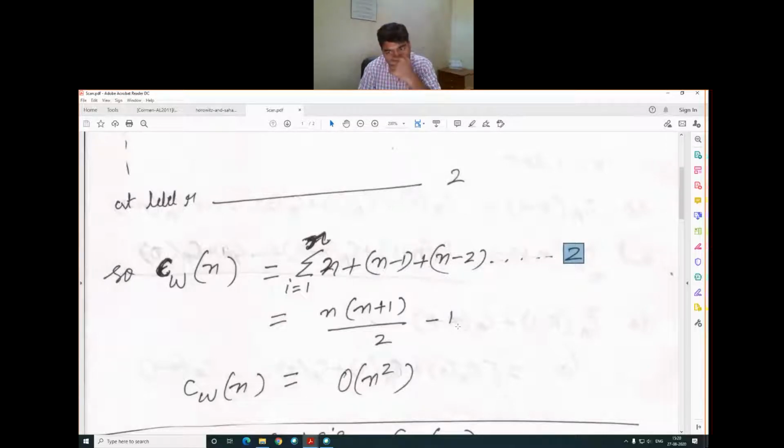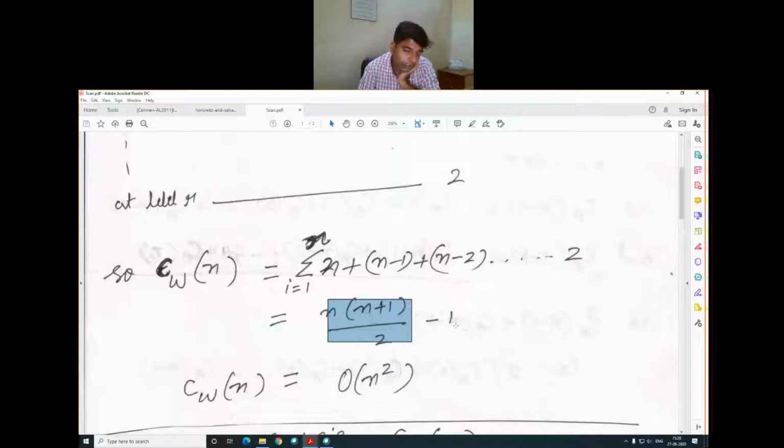Why minus 1? Because this is the formula for the summation 1 plus 2 up to n minus 2, n minus 1, up to n, but here one term is missing. So n times n plus 1, divided by 2, minus 1.